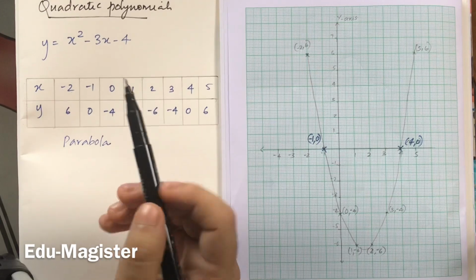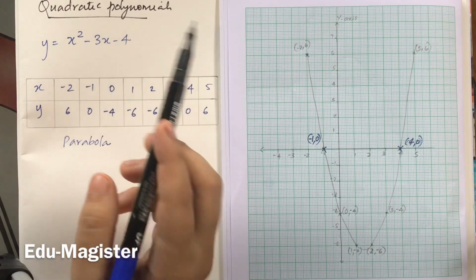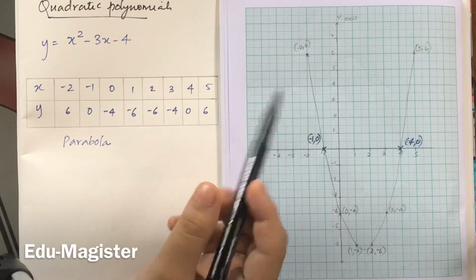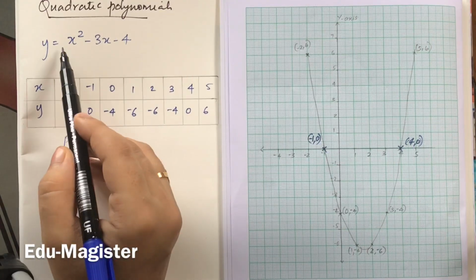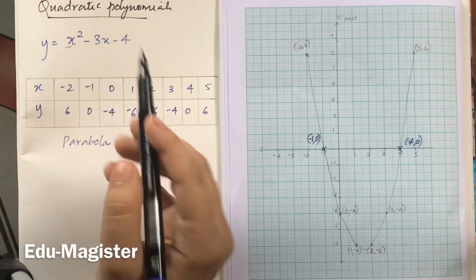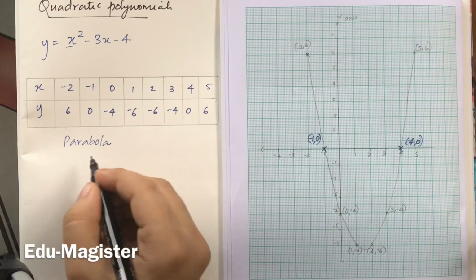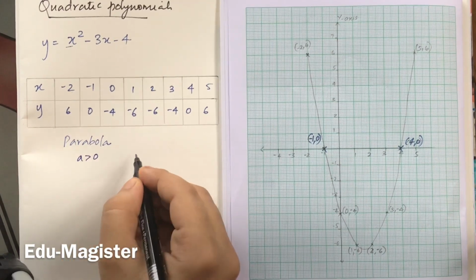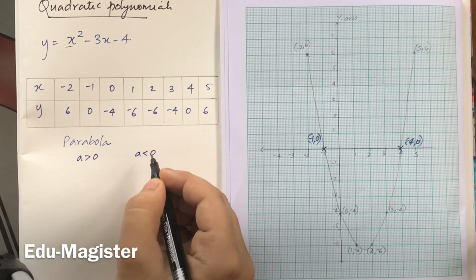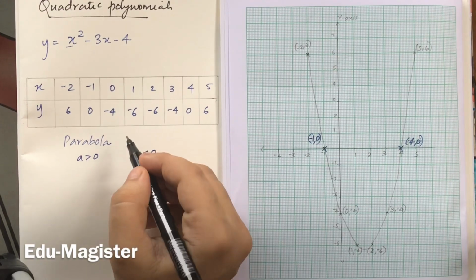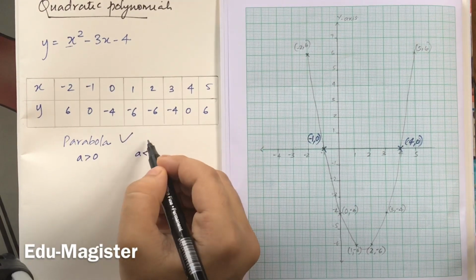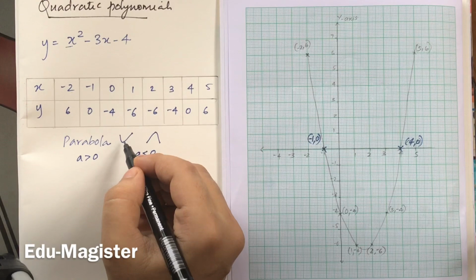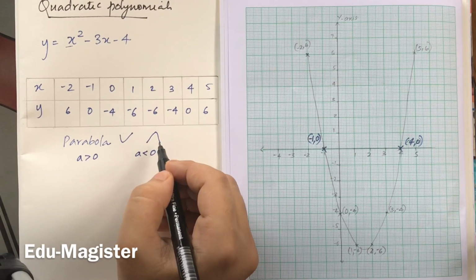So, the graph of any quadratic polynomial will be a parabola, and depending upon whether the coefficient of x square is positive or negative, that is a greater than 0 or a less than 0, the shape will be either opened upwards or downwards. We'll have an upward parabola or a downward parabola.